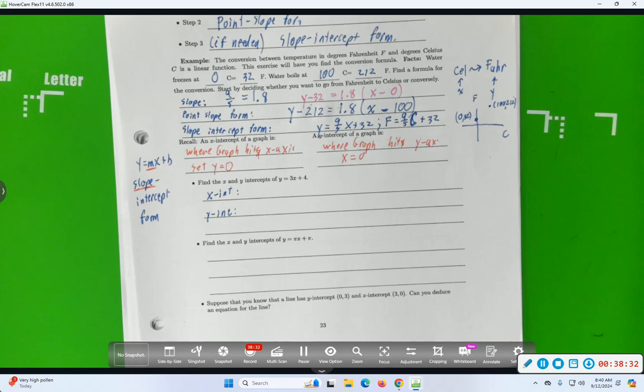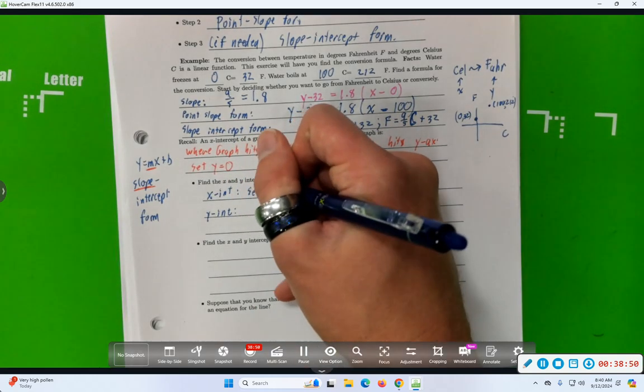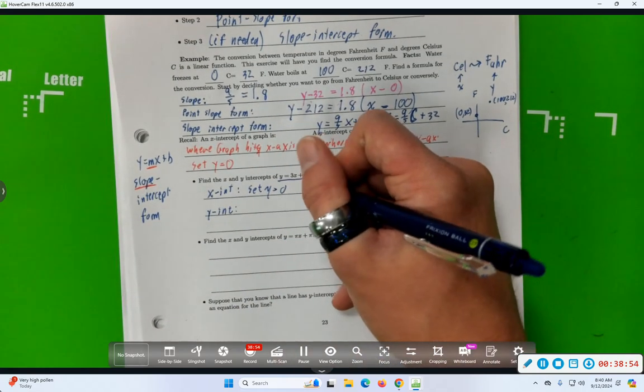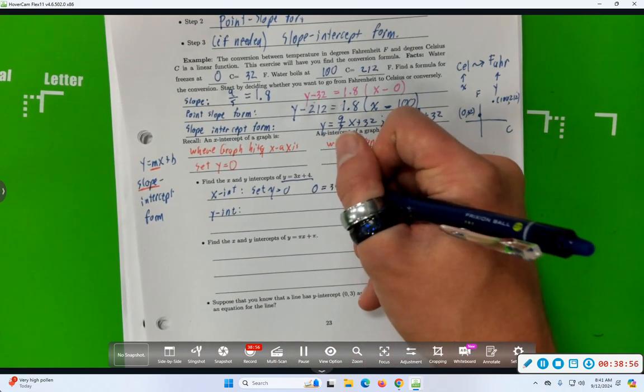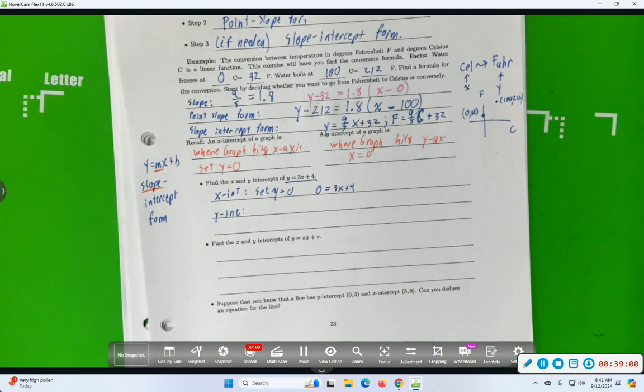But if you want me to talk through it, I'm fine doing that as well. Which one should I do first? Let's do the x-intercept first. To get the x-intercept, you need to set y equal to 0. So I need to take the equation 0 equals 3x plus 4 and solve that for the x-coordinate.